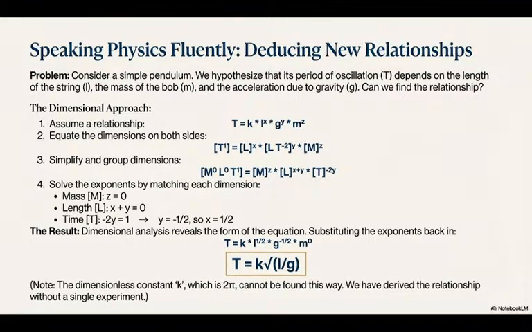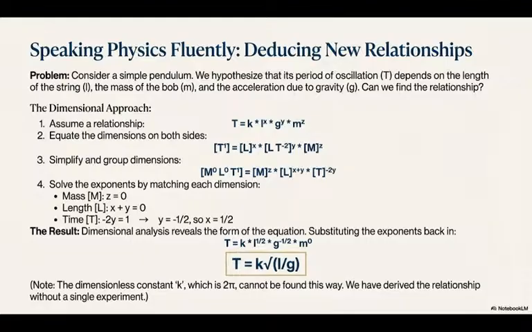And simplify and group dimension M^0 L^0 T^1 = M^z L^(x+y) T^(-2y). If we equate this with that, z equal to 0, x plus y equal to 0, and minus 2y equal to 1, right? Minus 2y equal to 1. With this, we are getting two values, x equal to 1 by 2 and y equal to minus 1 by 2.